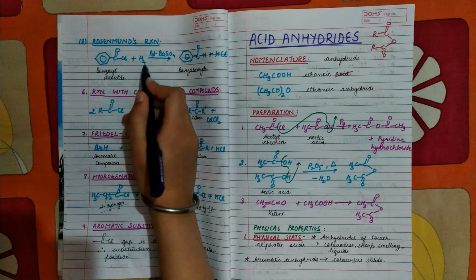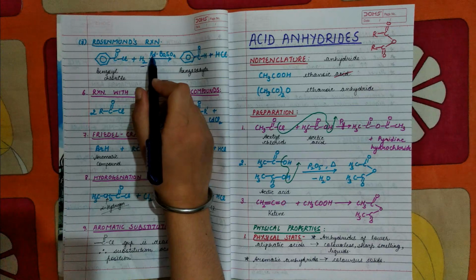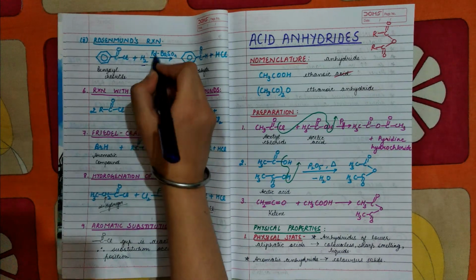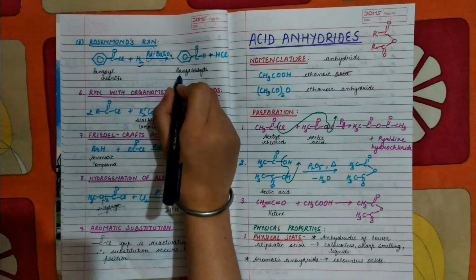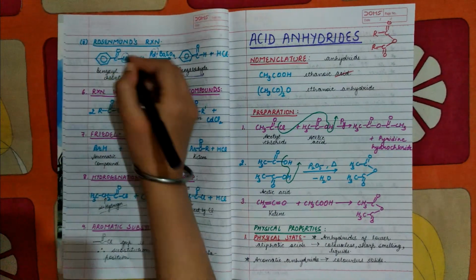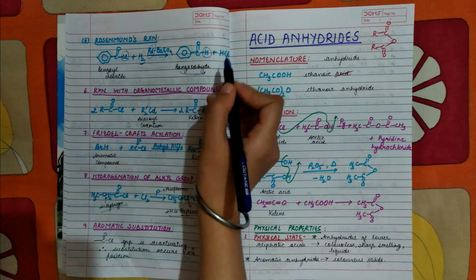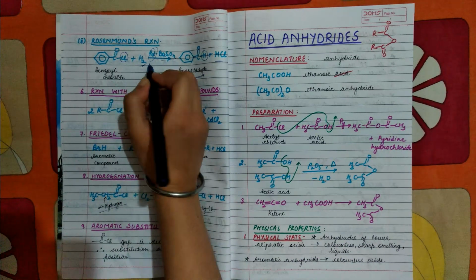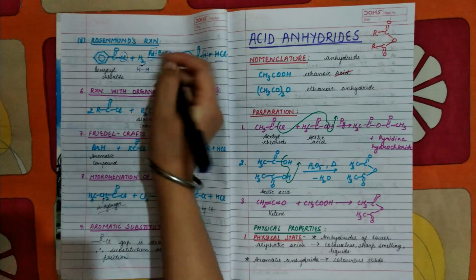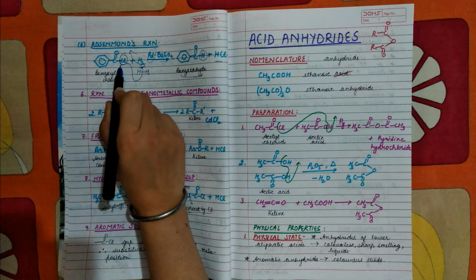Benzoyl chloride is treated with hydrogen in the presence of Lindlar's catalyst, that is Pd/BaSO4, palladium on barium sulfate. It forms benzaldehyde. Thus chlorine is replaced by hydrogen and benzoyl chloride becomes benzaldehyde plus HCl. We can easily see that HCl is removed from here and this H gets attached to this carbon.